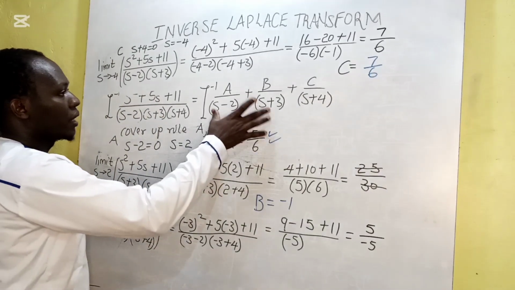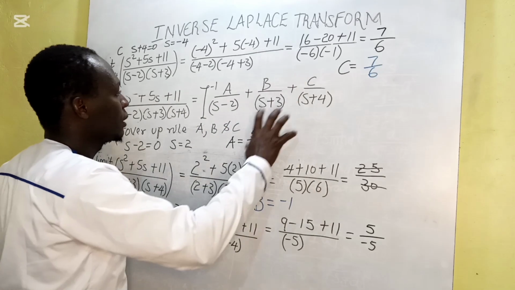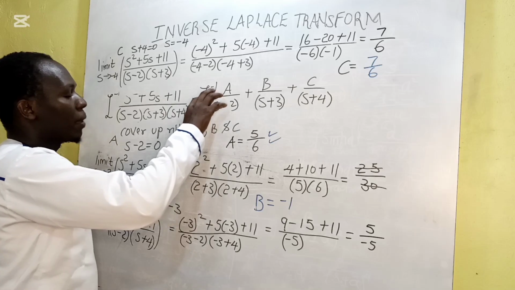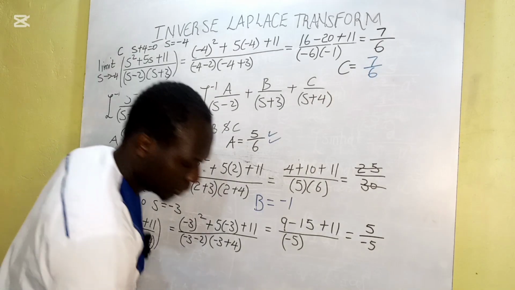We've worked out the values of A, B, and now C. Let us now get back into our working, whereby we are going to replace the values of A, B, and C, and then lastly we do the inverse Laplace transform of each and every function.